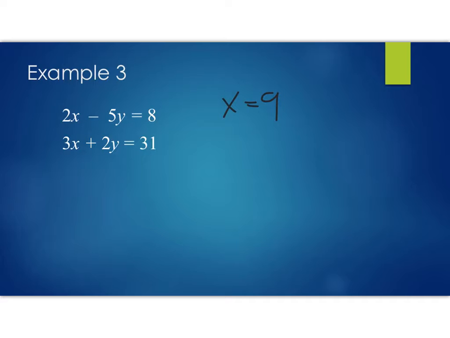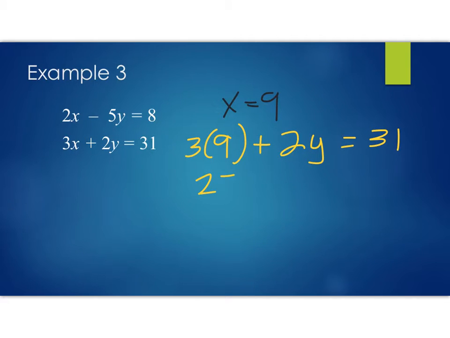I'm going to choose that bottom equation mainly because I don't see any negative signs in here. But it does not matter, either equation would work. So this is what it looks like.